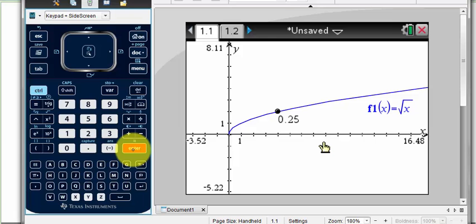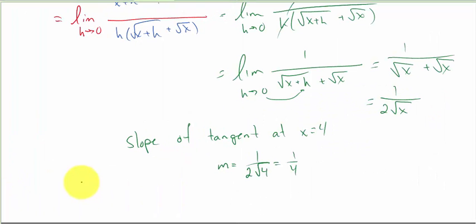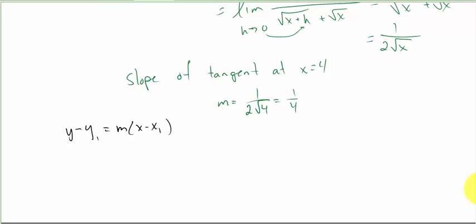But now I need the equation of this. Remember how we find equations of lines, guys. y minus y1 equals m times x minus x1. Our slope we just found is 1/4, and the point that we're working with is (4, 2). That's the point where our tangent line hits the graph.